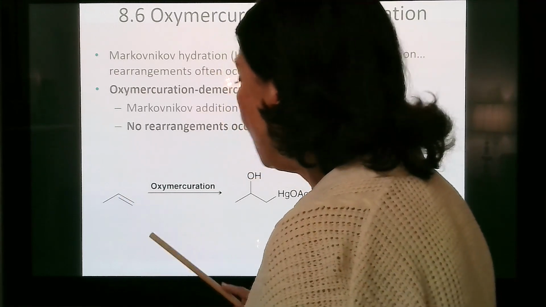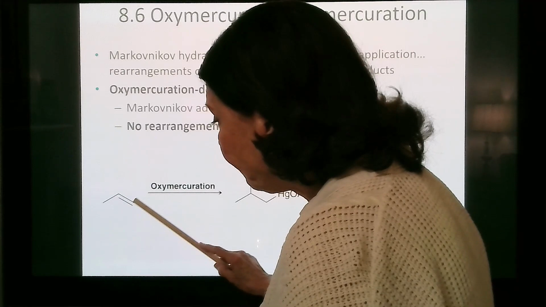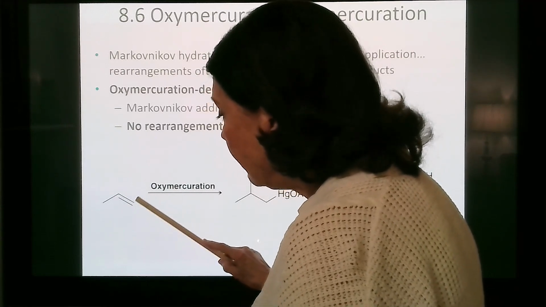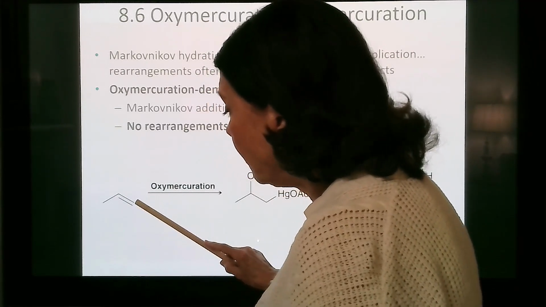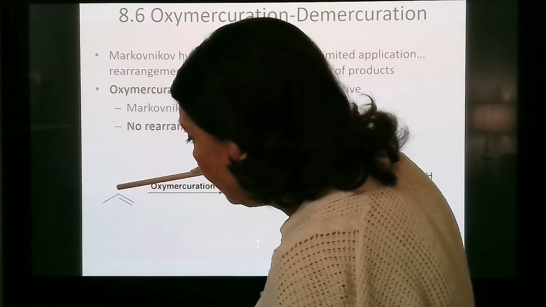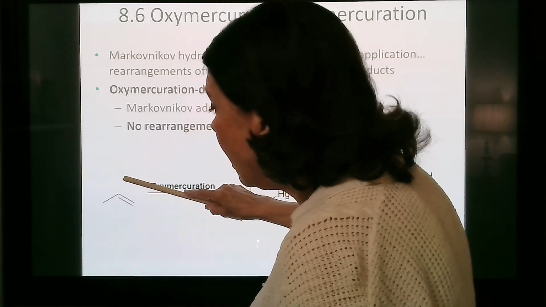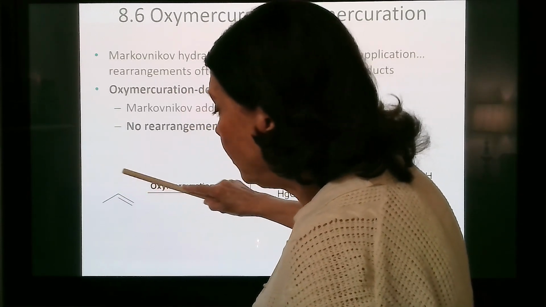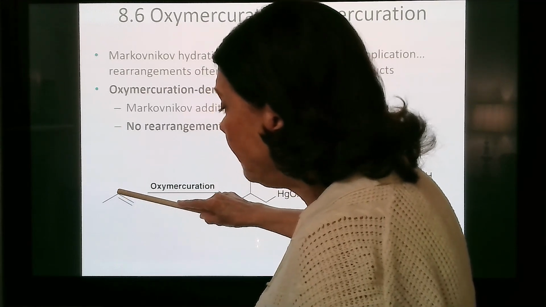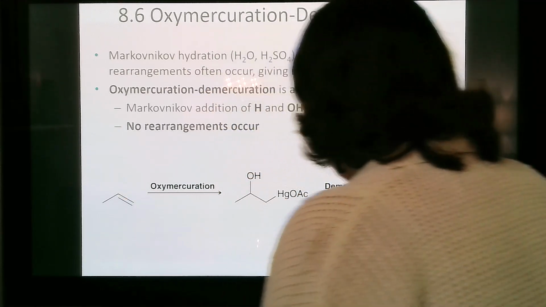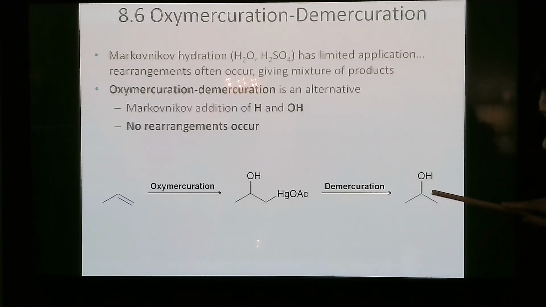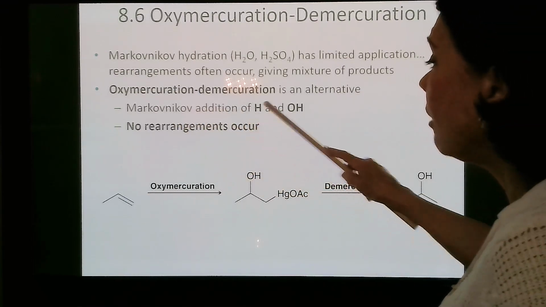The proton would be attached here at the terminus, the terminal carbon, and then the positive charge would be generated at the internal carbon, and then the water molecule would come in and attack at the site of the positive charge. So you would get this exact same alcohol functionality, this exact same alcohol molecule, the product. Okay, so you're getting the Markovnikov product.